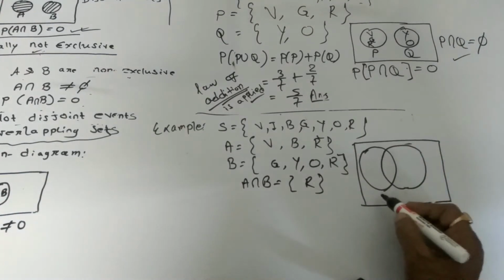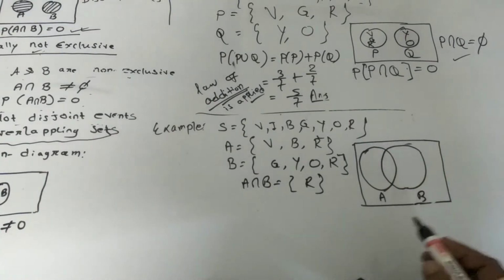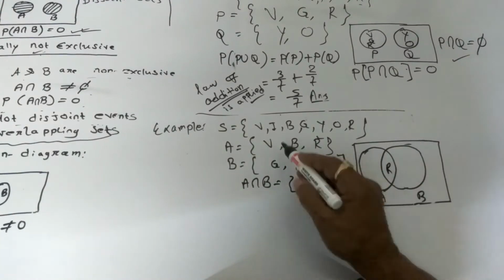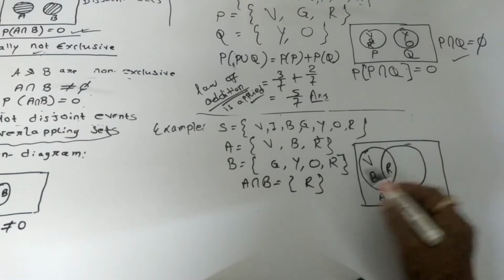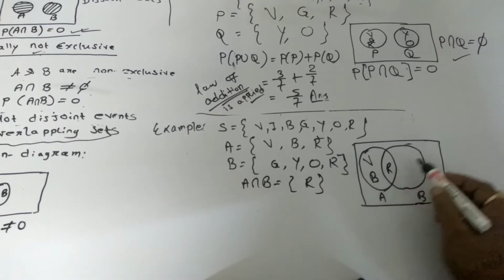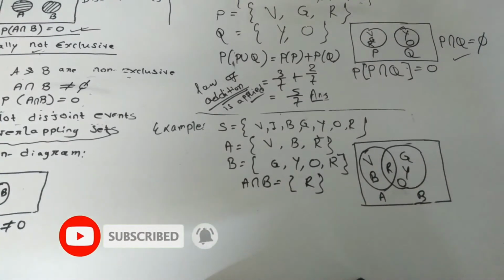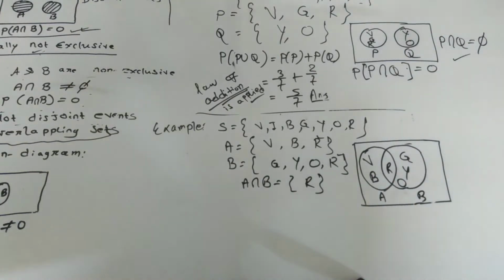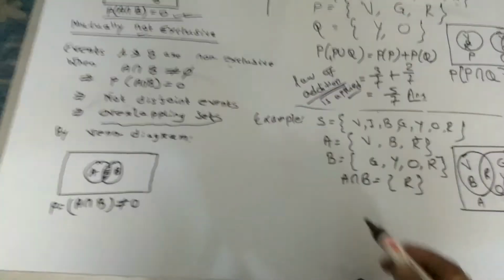Sets A and B, and red is common. Violet and blue are only in A, and green, yellow, orange are only in B, excluding red. So we have to subtract red because it is common to both.